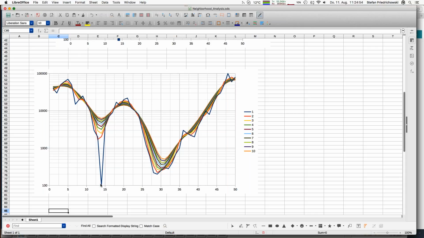Especially when we do the first iteration steps, the second, and so on, we go upwards around the parameter 14. On the other hand, in the area of the parameter being 30, there's not that big a change for the average value, even if we do 10 iteration steps.